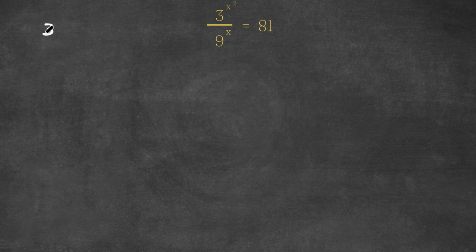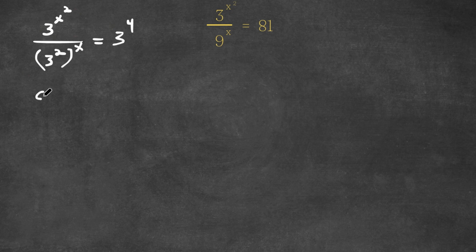So now I have 3 to the power of x squared over 3 squared to the power of x is equal to 3 to the power of 4.